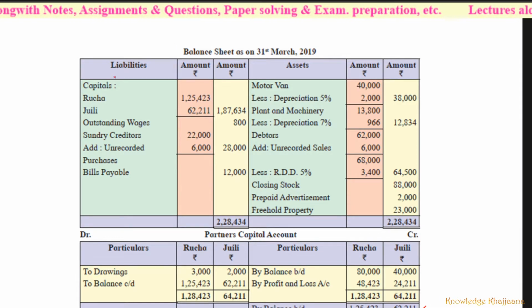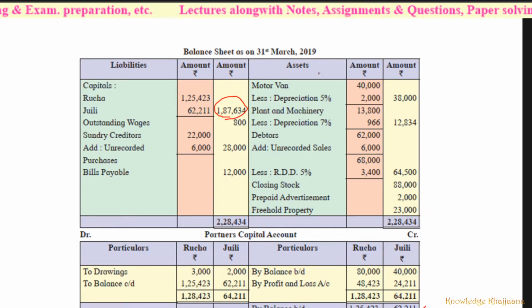And in the balance sheet, Rucha's capital was 1,25,423. Julie's capital was 62,211. Same. The total capital of both of them was 1,87,634. Same as ours. And the balance sheet total was rupees 2,28,434. It means our balance sheet tallies. Very good.